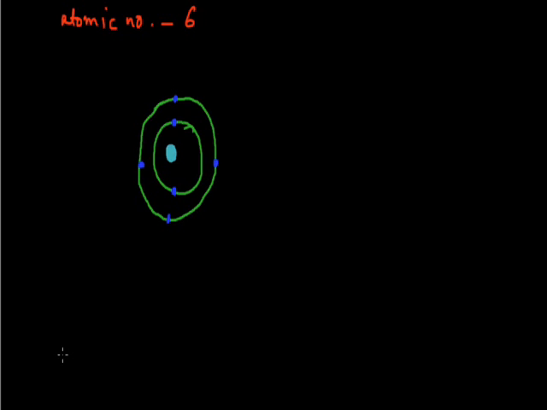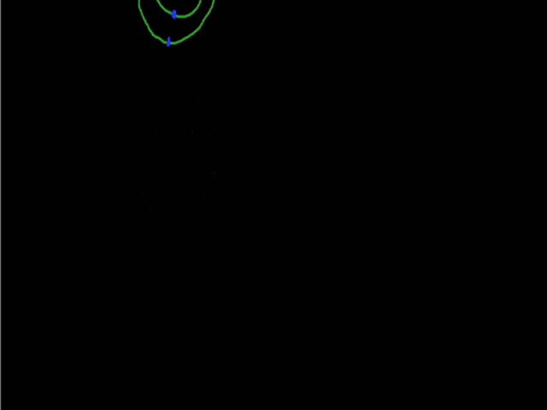Now we can draw the diagram for the sodium atom, and the atomic number of sodium is 11. So first of all, draw the nucleus, and like that there are energy shells.